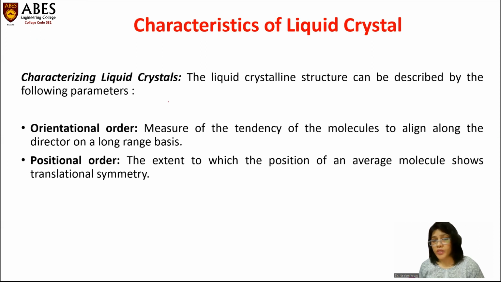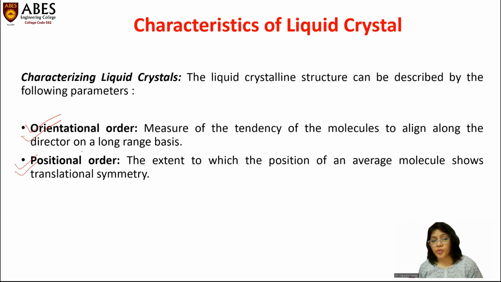There are some important characteristics of liquid crystals which are used to define a liquid crystal. The liquid crystal structure can be described by the following parameters. The two major parameters used to describe the liquid crystal are orientational order and positional order.